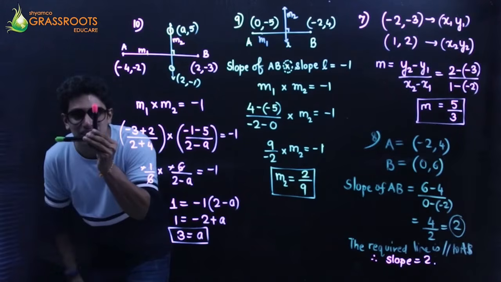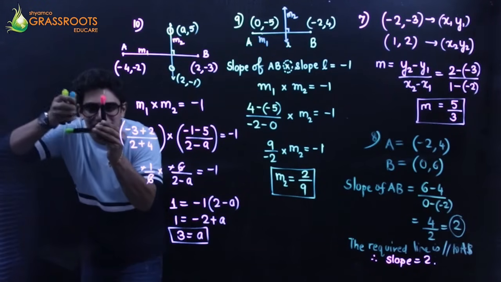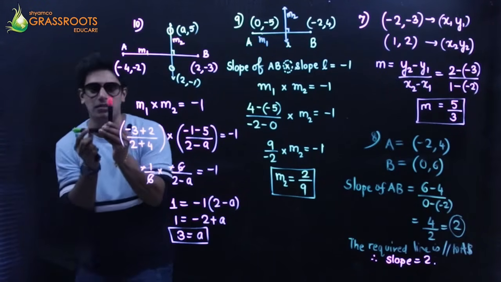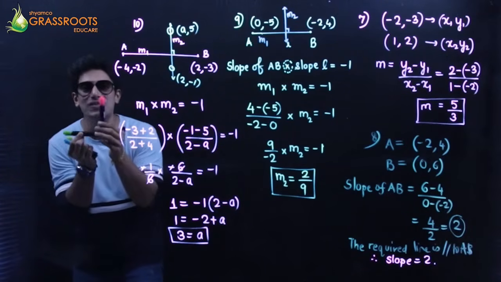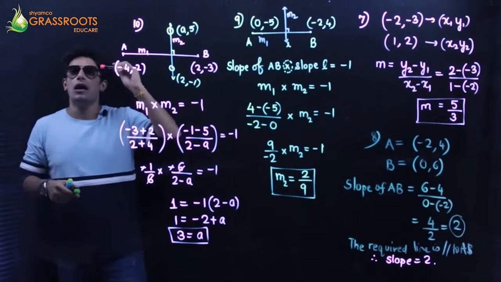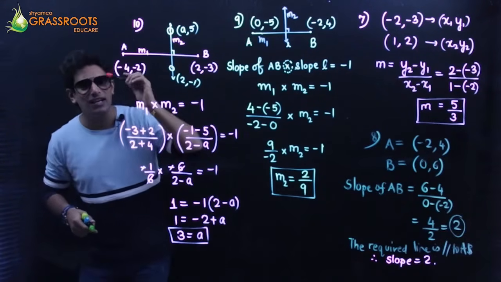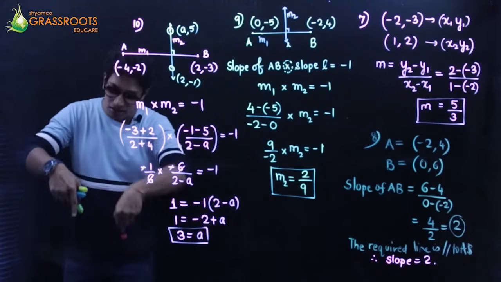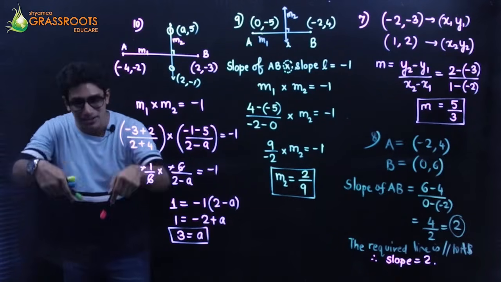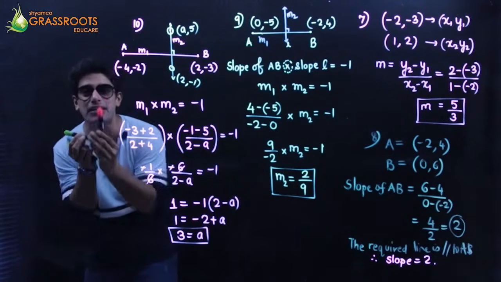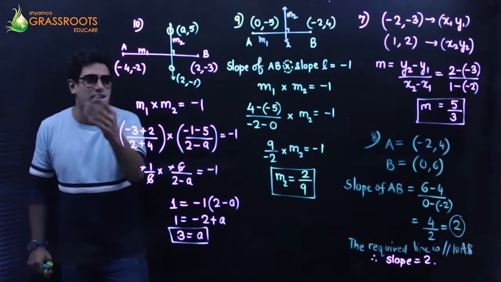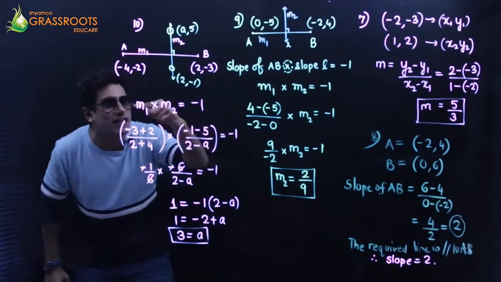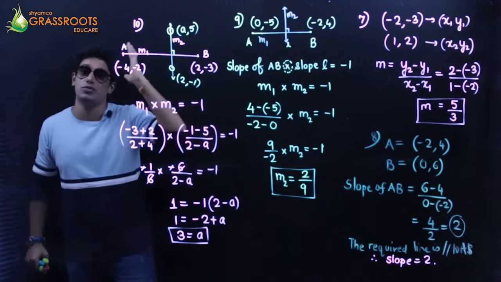If this is a right angled triangle, can I say the angle between the two sides is 90 degrees? 90 degrees means perpendicular. Perpendicular means M1 into M2 should be minus 1.